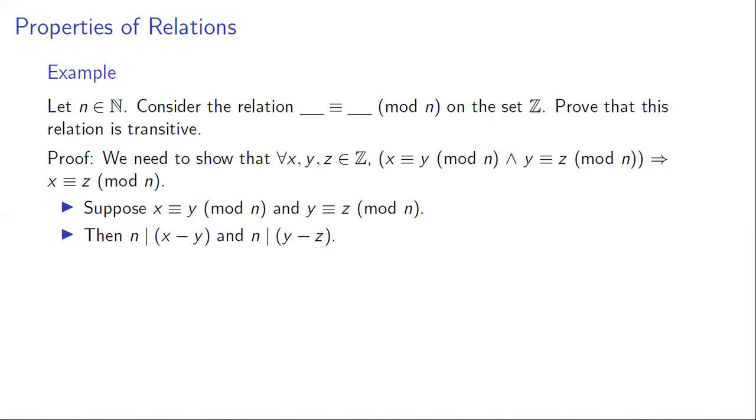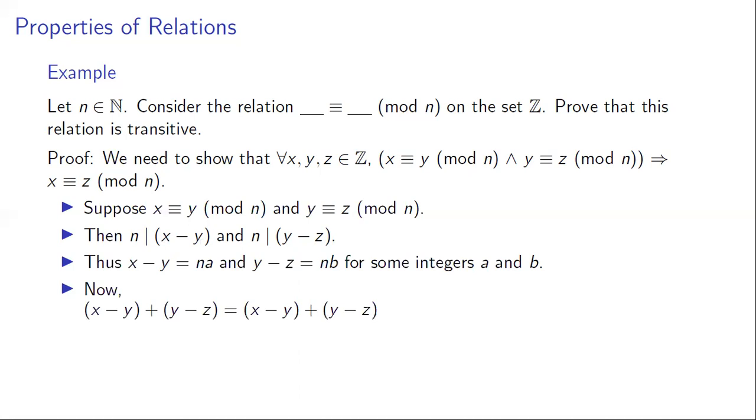Based on the definition of congruence, we know that n divides x minus y and n divides y minus z. Therefore, based on the definition of divisibility, we know that x minus y is equal to na and y minus z is equal to nb for some integers a and b.